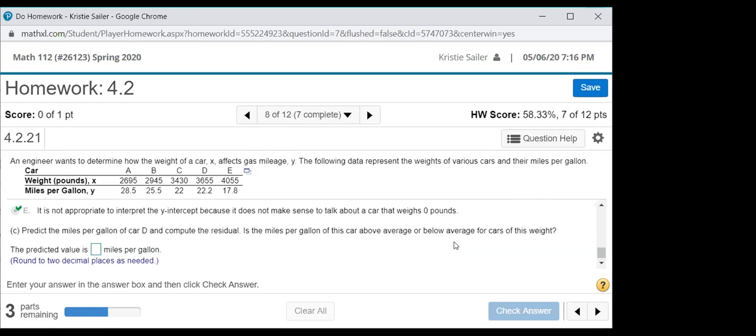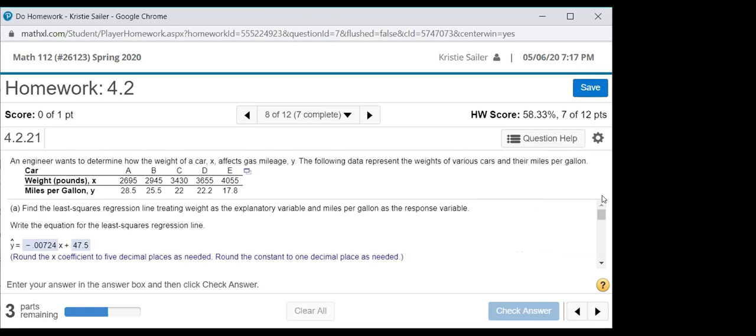You need to put 3655 in your regression equation as x. Okay.